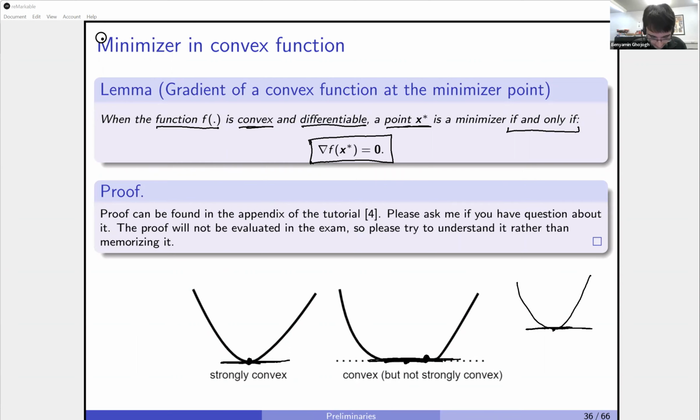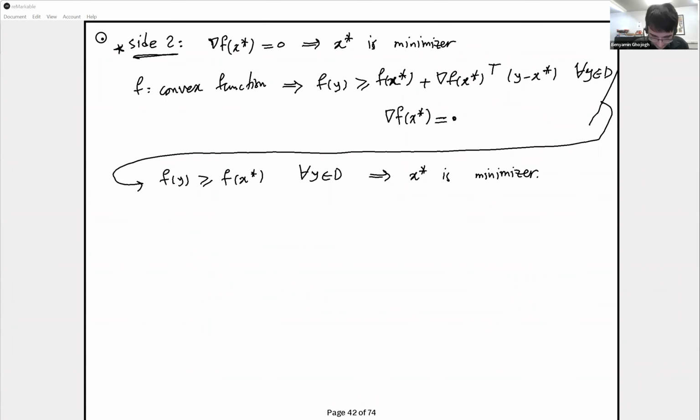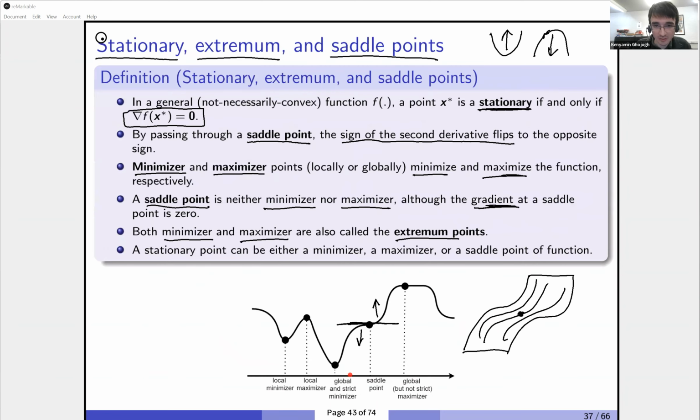So for example, here, it's not a convex function, but the derivative is 0. Here also, these derivatives are 0. The slope of the tangent is 0. So we can say in a general case, I think we have it here.